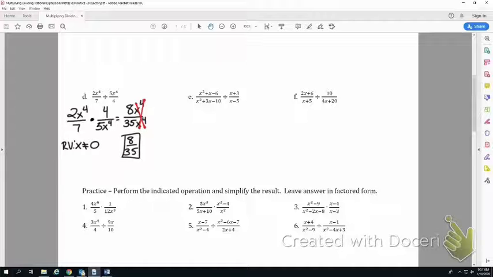So I'm going to keep my first fraction, but I'm going to go ahead and factor that 2x plus 6 into 2 times x plus 3.